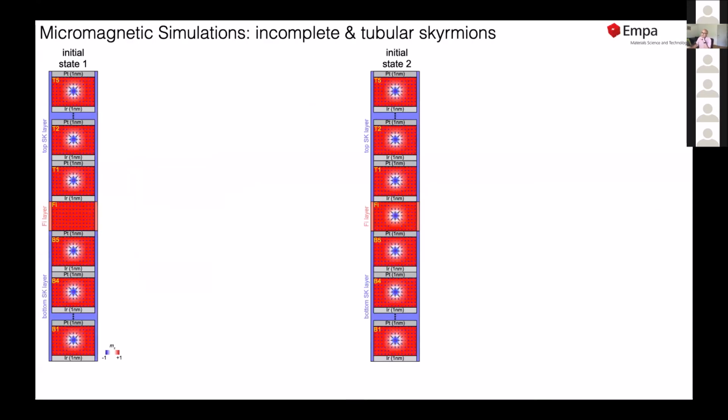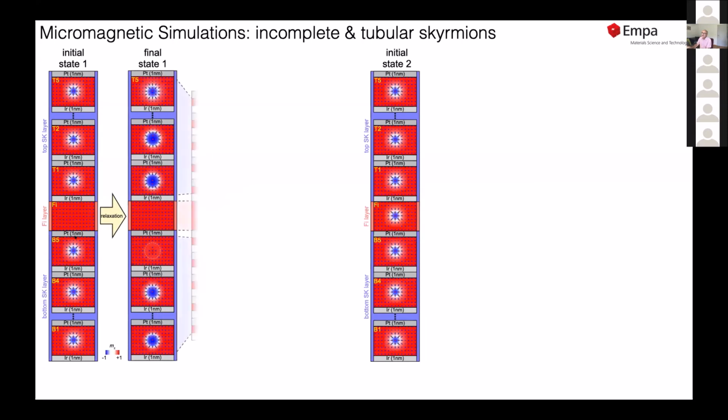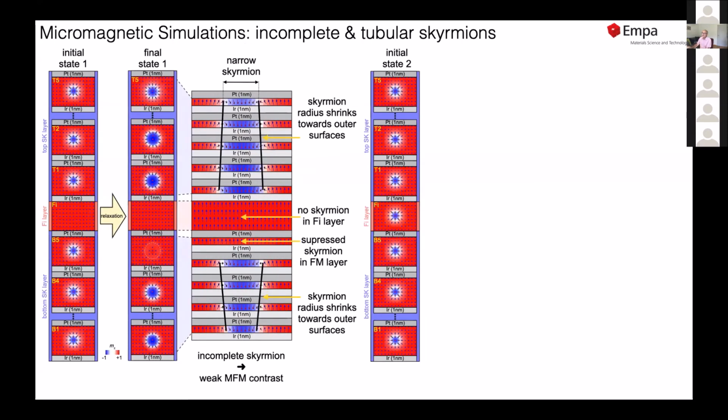And here are the results done by Ricardo and Giovanni. So basically we have two initial states. An initial state 1, where we impose skyrmions only in the bottom and top skyrmion generator layers, but not in the ferrimagnet here. And then we let the system relax, and you see what happens is actually quite interesting.